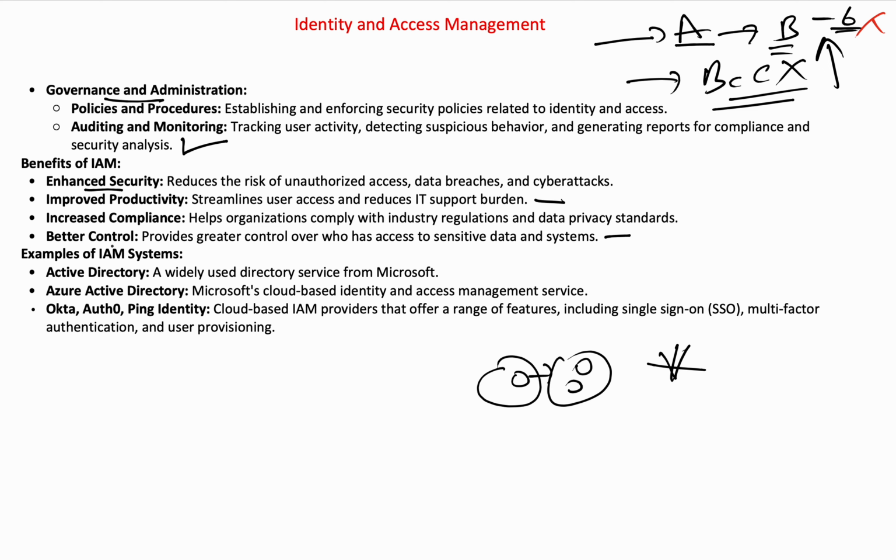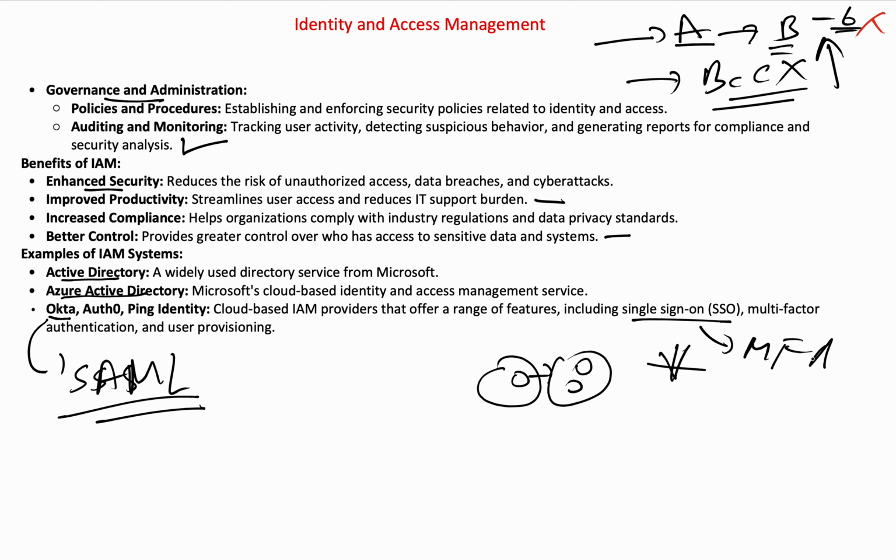Then we have examples of identity access management. Like I told you, you can use AD, Azure, or Okta. Usually we use SAML, sorry, not SSL. And then you have Ping Identity, which is cloud based. SSO is a part of multi-factor authentication.